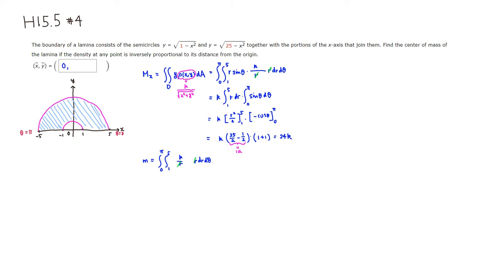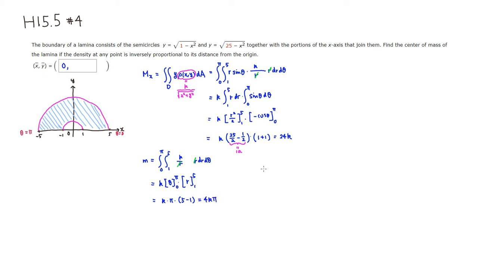K is just a number. The antiderivative of theta is theta, going from 0 to pi, times the antiderivative of 1, which is r, going from 1 to 5. So this is k times pi times 5 minus 1, which is 4k pi.